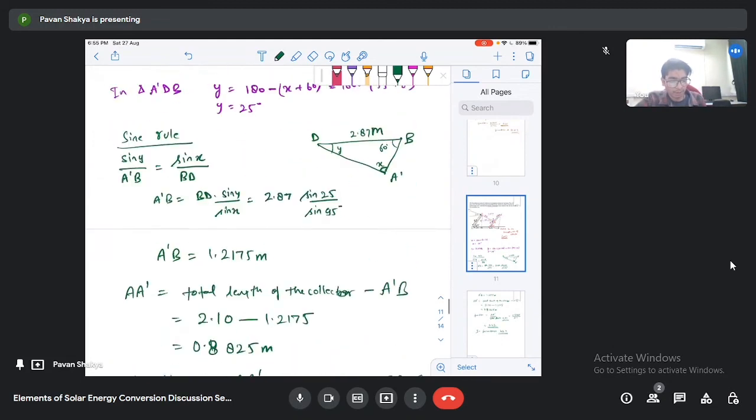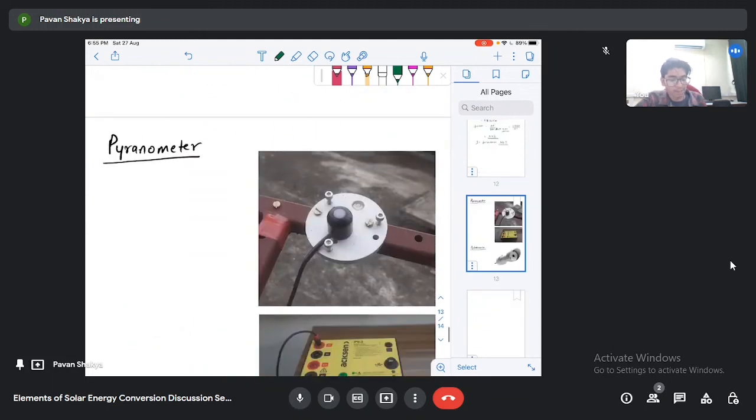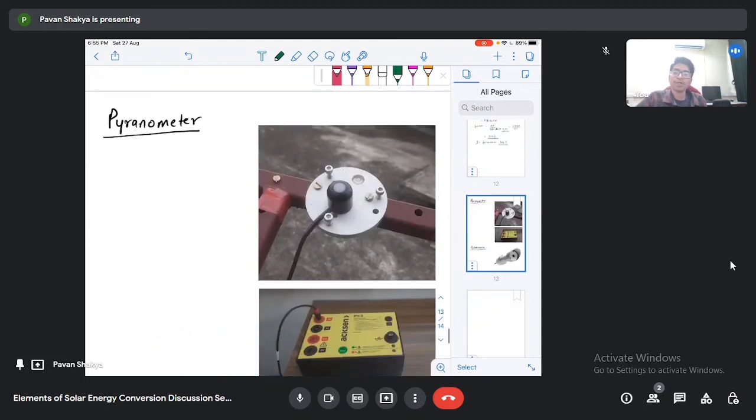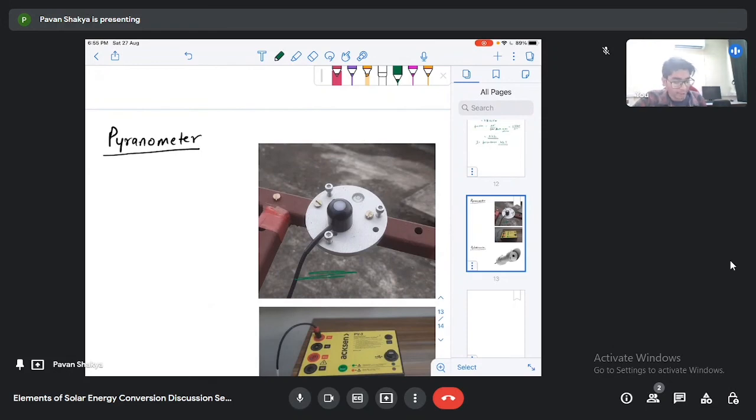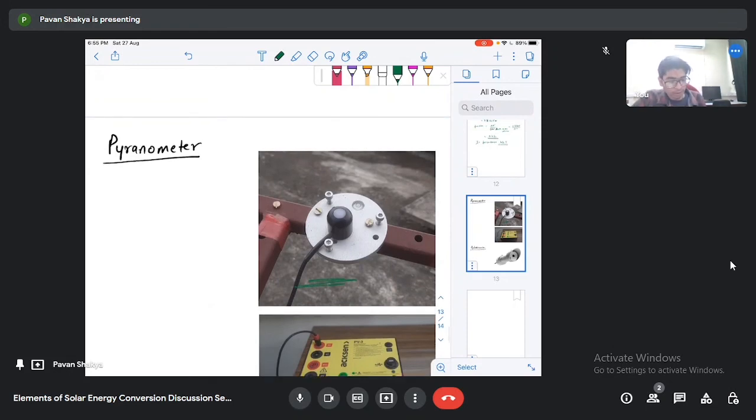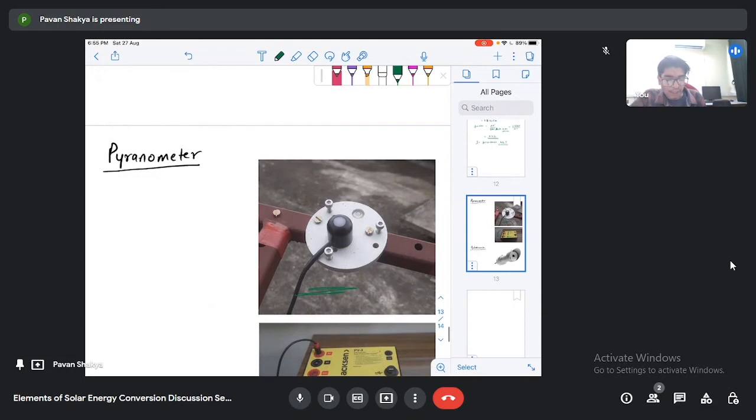Now I will discuss how we can calculate the solar radiation. This instrument is a pyranometer. The figures have been taken from my lab. So what does this pyranometer measure? It measures the total irradiance. What does that mean?